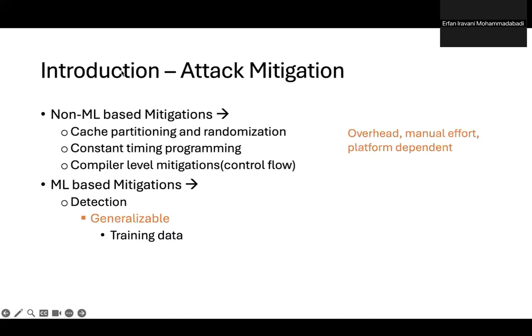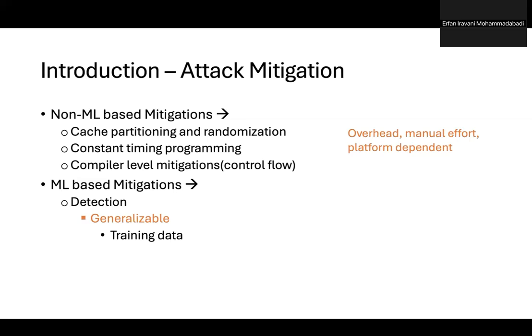So, coming up with mitigations for side channels is very important for the security of our systems. The research community has proposed a wide range of techniques that can be broadly categorized into two groups: non-ML based mitigations and ML-based mitigations.